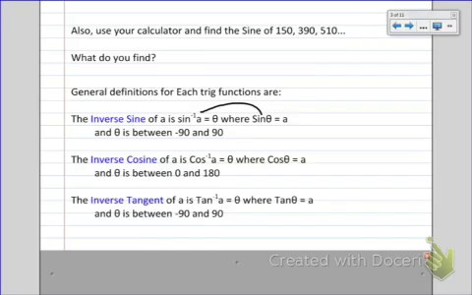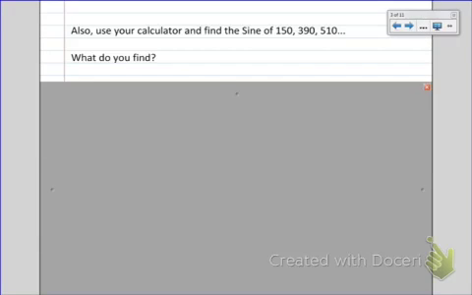Another thing, let's say I want to find the sine of 150, 390, and 510, just using my calculator. Go ahead, see if you can do that. So I put in 150 sine, I get 0.5. 390 sine, I get 0.5. And 510 sine, I get 0.5.